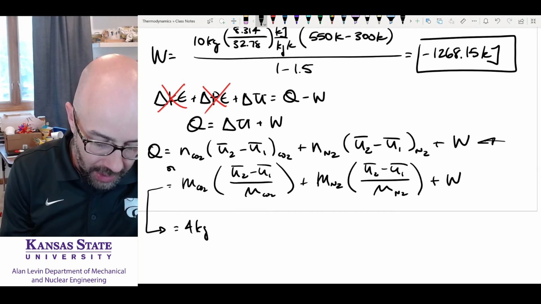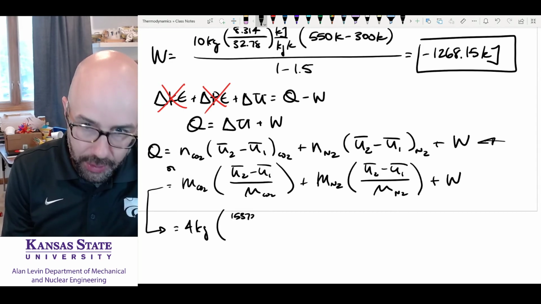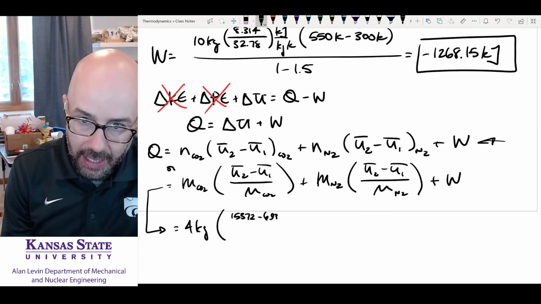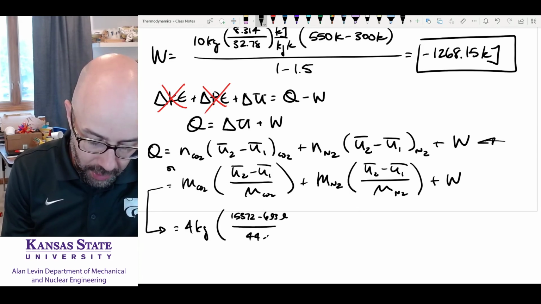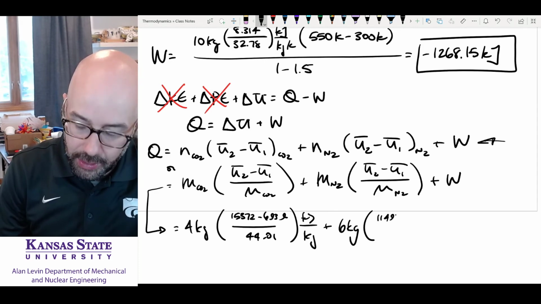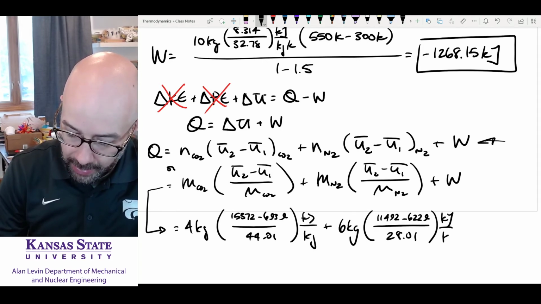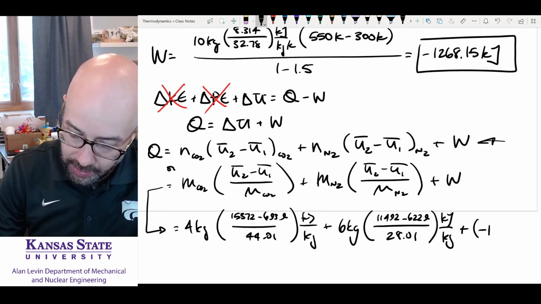It's equal to 4 kilograms times, if I look up these values, U2, it's 15372 minus 6939. Divide that all by 44.01 is going to be kilojoules per kilogram plus 6 kilograms times 11492 minus 6229 divided by 28.01 kilojoules per kilogram, and then plus my work, it's plus a minus 1268.15 kilojoules.